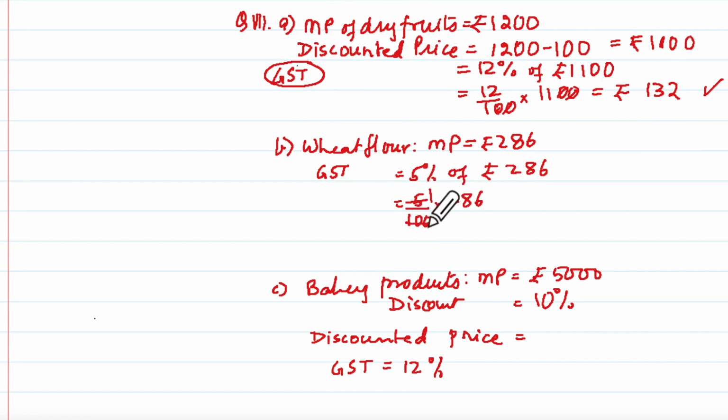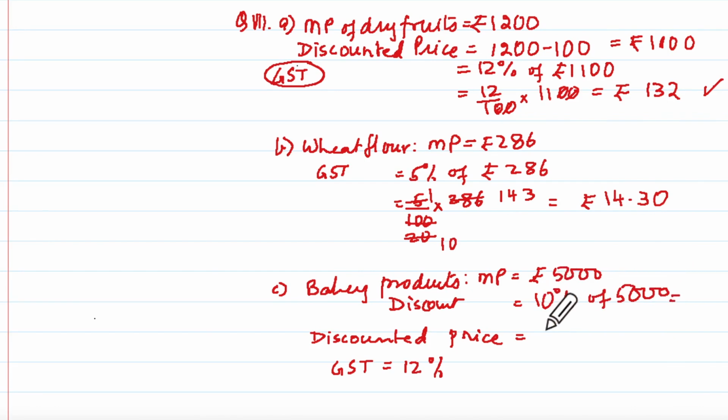So 5 goes, just this is shining in my eye. So you can put it on that hand if you want. 143. So this will be rupees how much? 14.30. Remember, it is 14.3, but when you write rupees and paise, 2 decimal places should be there. Here it will be discount 10% of 5000.